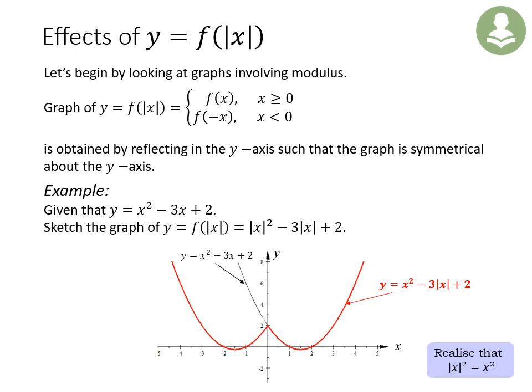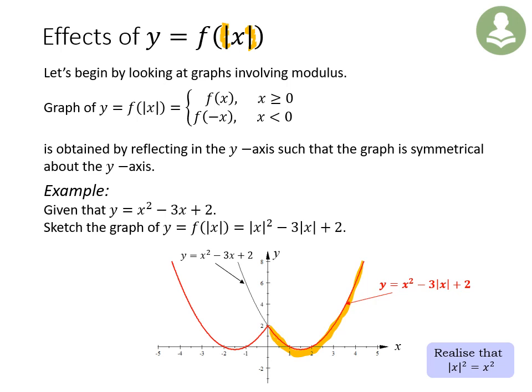What would be the effect then if we are to apply a modulus to only the x values? What this really means is that we are only keeping all the positive x values, because now there are no inputs such that the x values are going to be negative at all.